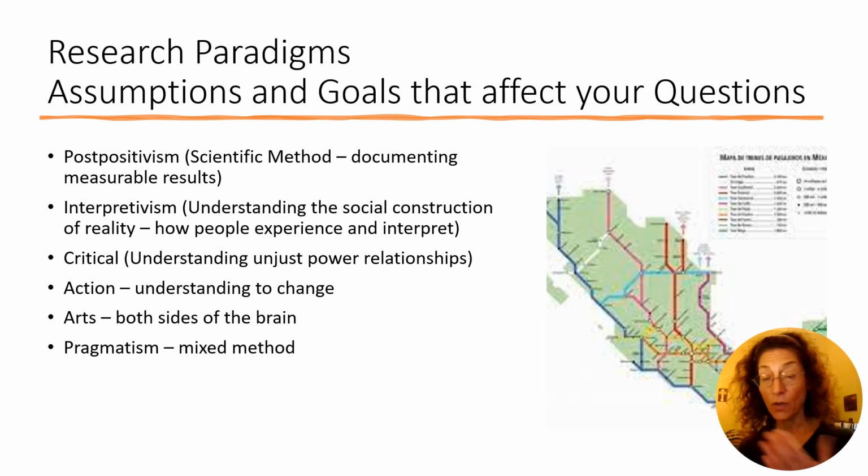So on some level, we always use an action paradigm, but our typical doctorate is in two parts. The first part is observation and analysis, which of course can include and should include interviews, focus groups, but we want to understand what is going on first. And then the second part of the research is how can you as a leader, how can leaders in general, improve the situation that you're studying? So there always is some kind of an action element in our paradigm.